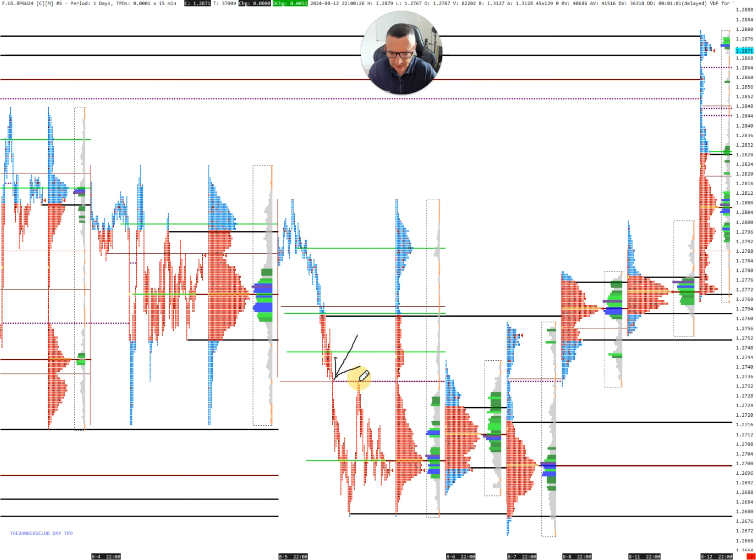So this would be an area I would be taking profits from this light area here. And then you've got another opportunity to get short from here, as long as you've got other confluences that cross over onto the daily TPO.